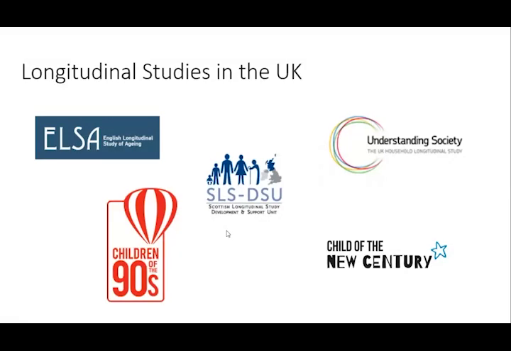Child of the New Century, otherwise known as the Millennium Cohort Study, took a UK representative sample of the population of children born in 2000, and they followed them over time. So of course they're now just moving into adulthood. I guess they're now university students. And in the middle, there's the Scottish Longitudinal Study, which is more of a data linkage study.